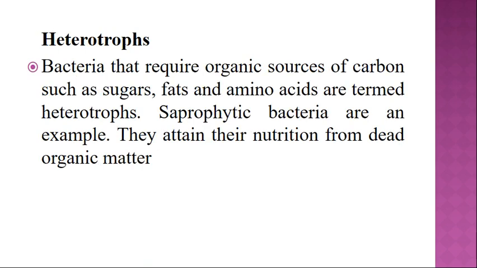Another nutritional category of microorganisms is a heterotroph. Heterotroph bacteria require organic sources of carbon such as sugars, fats, amino acids, etc. It may be a complex form of sugars, carbohydrates, it may be cellulose, starch, simple sugars like glucose or any other type of sugars, or even fats as well as amino acids, which can be used as a source of carbon.